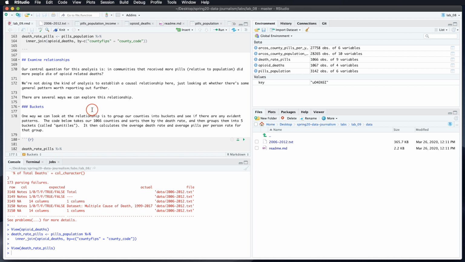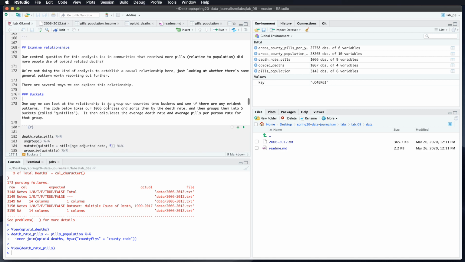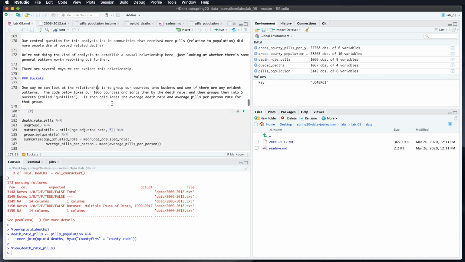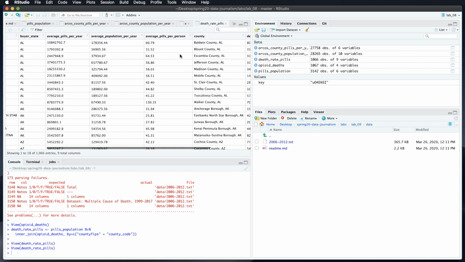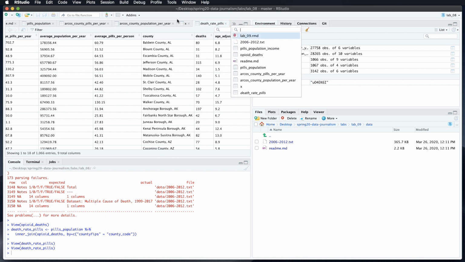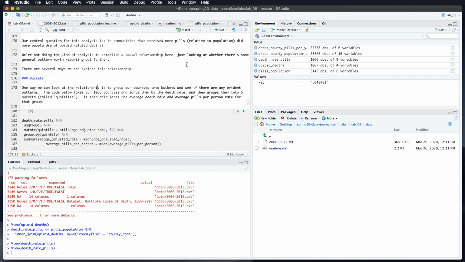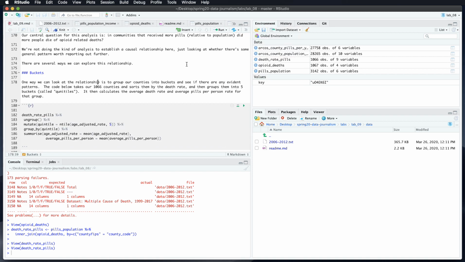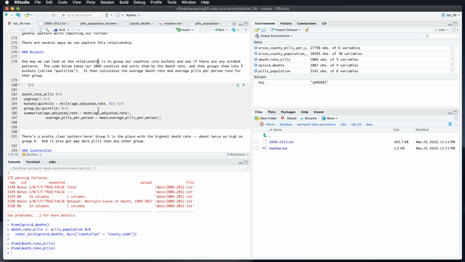So there's a bunch of different ways we can look at this question. One is, we can take all of the 1,000 counties we have and group them into buckets based on the number of pills sent to a given place, and see whether there's some variation in the death rate that way.